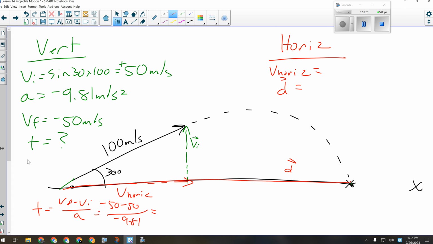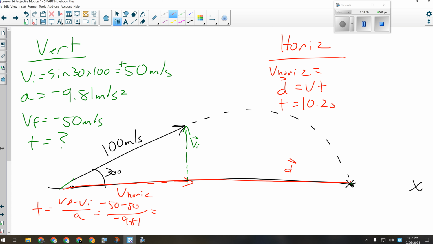I'm going to bring that over here because time is the only thing that can be used for both sides. Now I can solve for D. D will equal V times T. Oh, sorry, I can't solve for D yet because I don't have V horizontal. How do I get it? 100 cos 30. It's the adjacent side in this triangle. It's the horizontal component of the launch velocity.